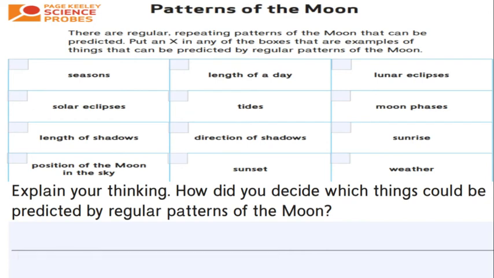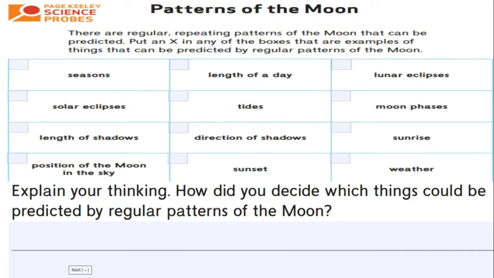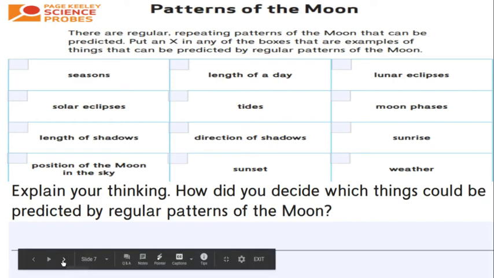So I'm predicting that there is a pattern there. Okay, so your prediction, you may have selected moon phases as well and written that down in your notebook. And we will return back to this page and see if we can add anything to our thinking, or if we have to adjust our thinking at the end of the lesson. So we will return back to this.